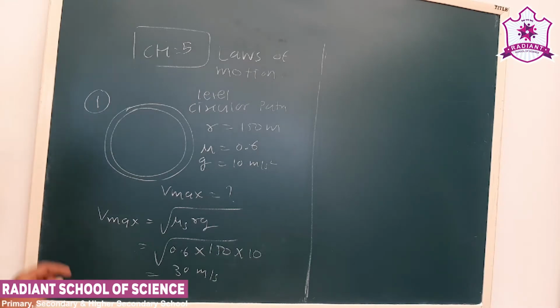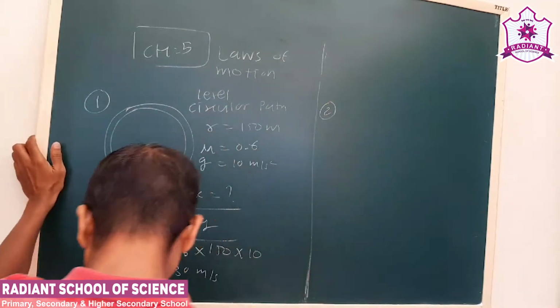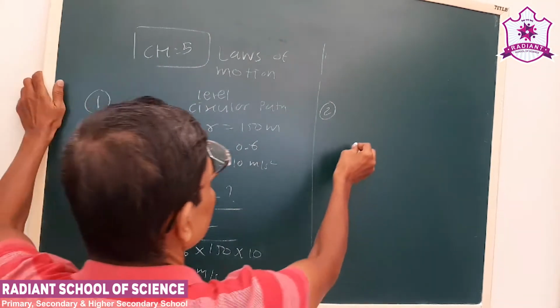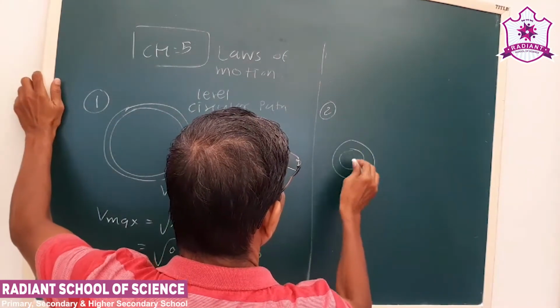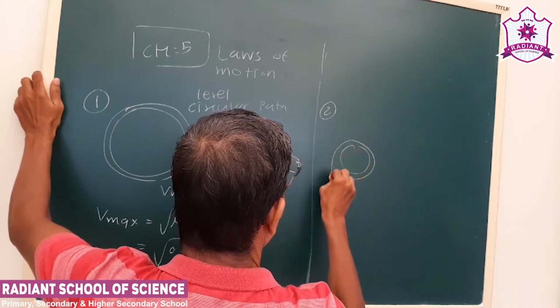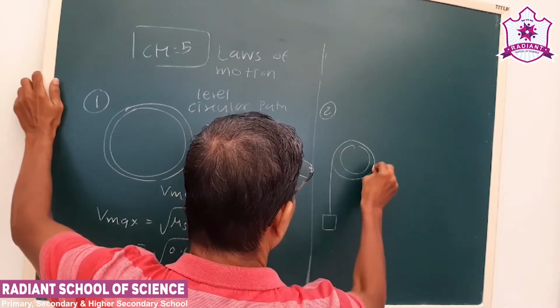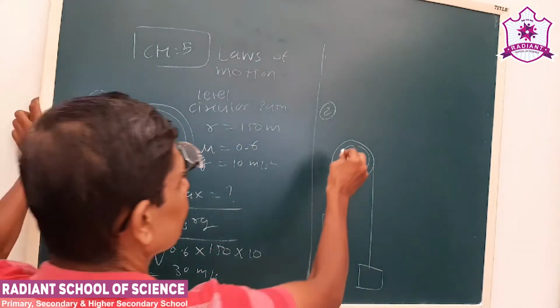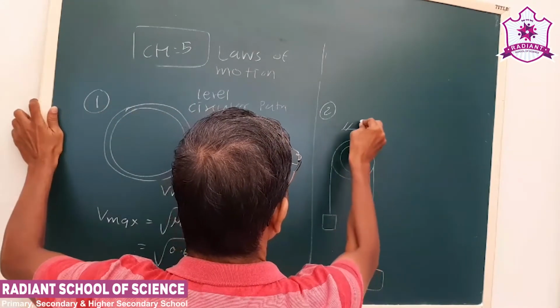Now see the next MCQ. Two objects pass over each other on a light inextensible string over a pulley.